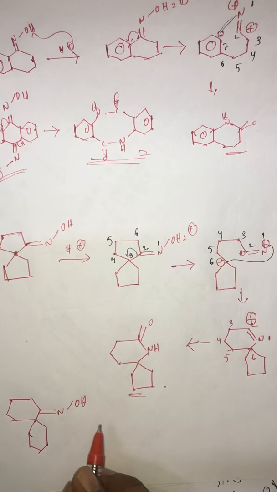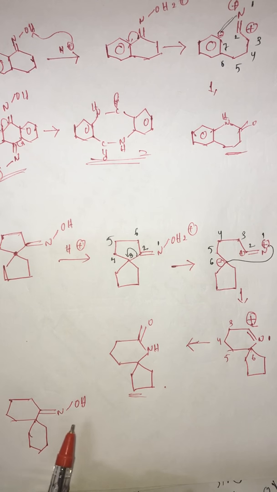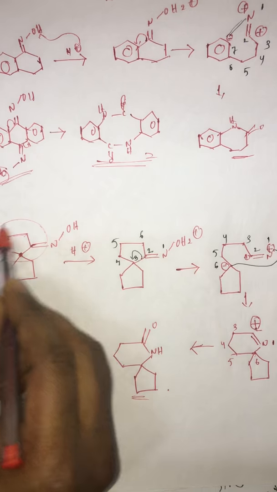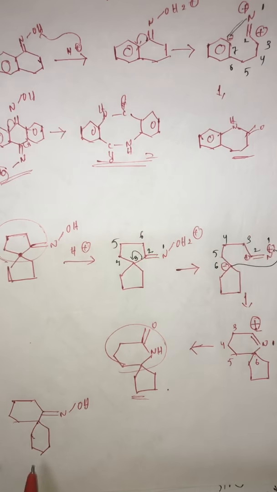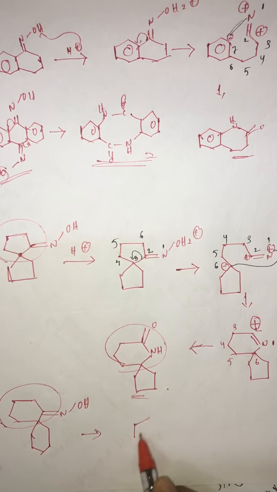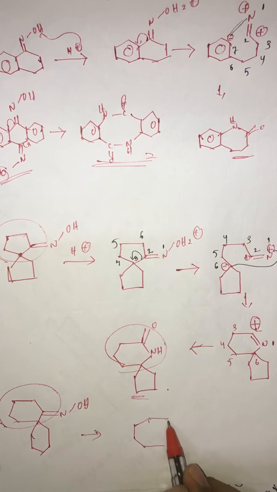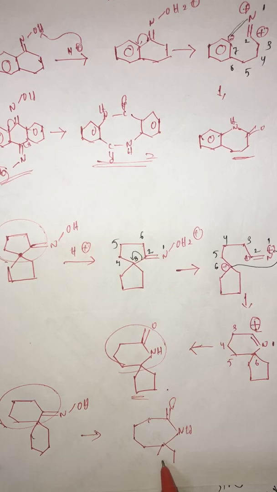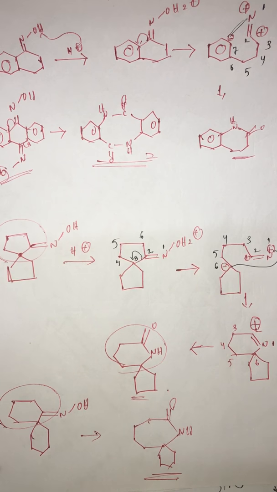And here also, wherever Beckmann rearrangement is going, ring expansion will take place. So here is a 5-member ring and it became a 6-member ring, and here it is a 6-member ring and it will become a 7-member ring. So this is the compound here we will get.